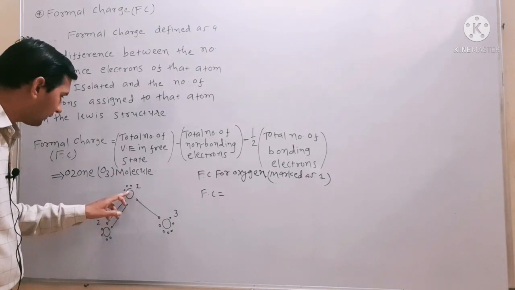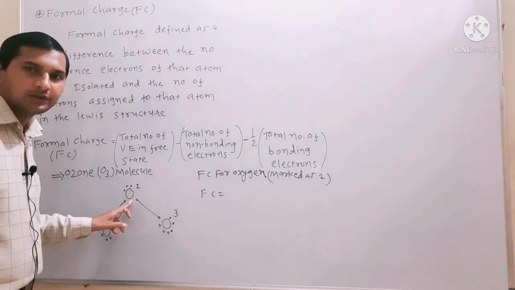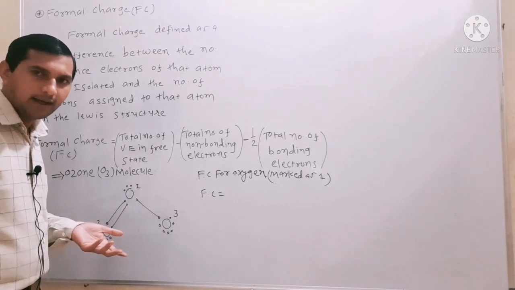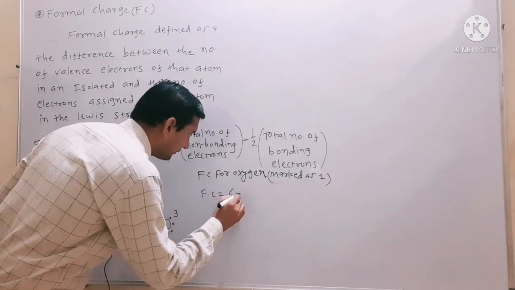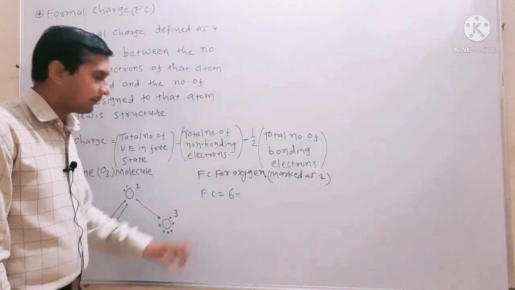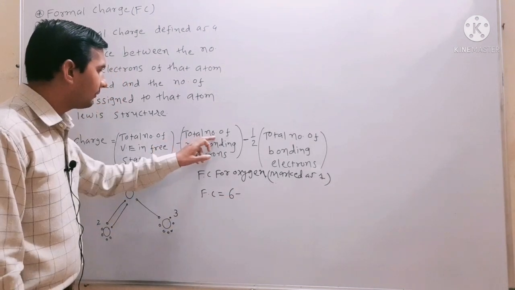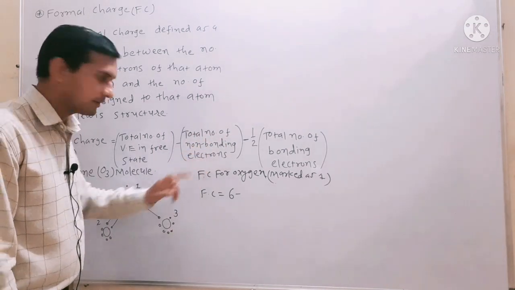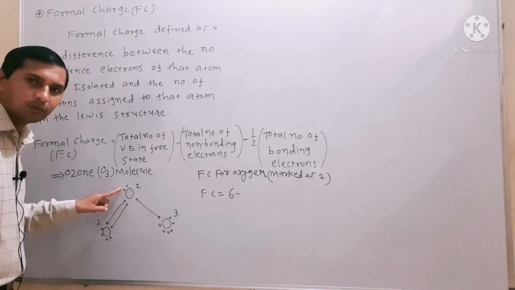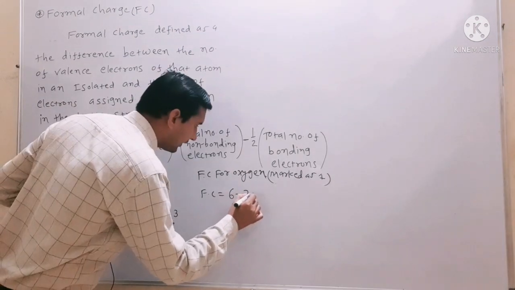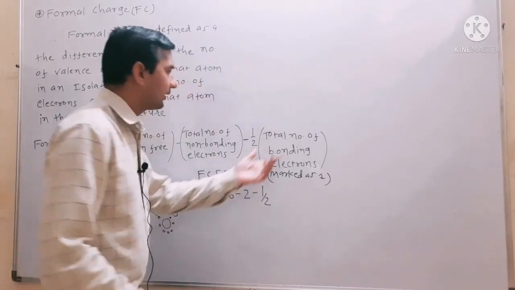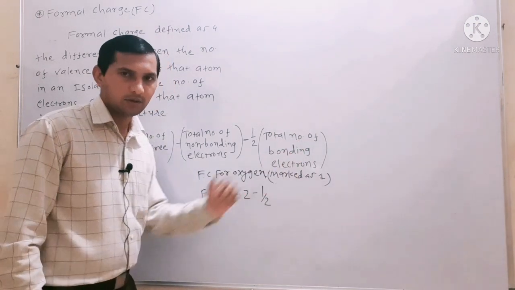The number of valence electrons in the free isolated state of oxygen will be 6, because there are 6 valence electrons in the oxygen atom. 6 minus total number of non-bonding electrons. How many non-bonding electrons here? 1, 2, so this is 2, minus 1 upon 2 into total number of bonding electrons.